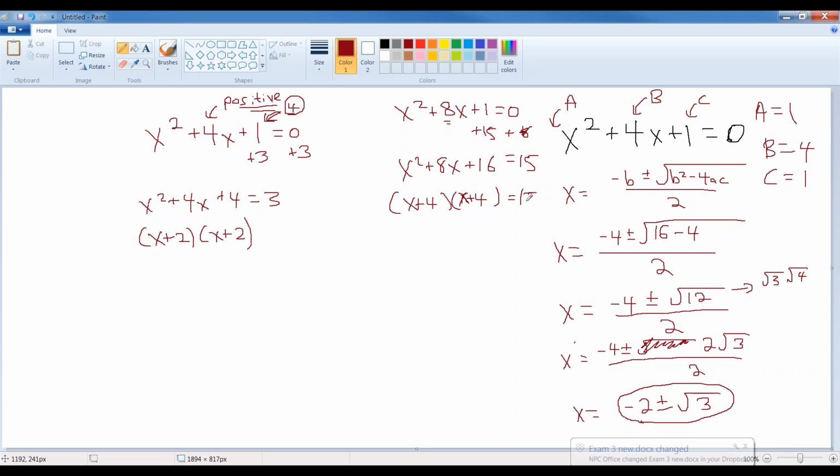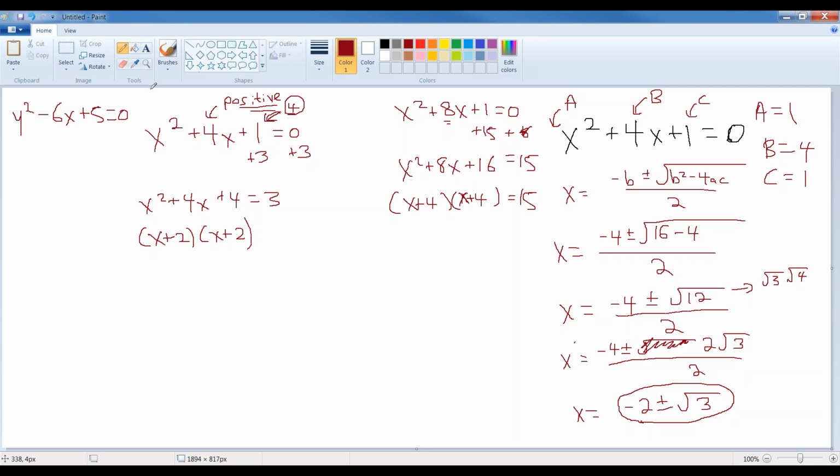So whenever you complete the square properly, let's say for another example, let's say I had y squared minus 6x plus 5 equals 0, and I wanted to complete the square. No problem. Take half of that, half of negative 6, which is negative 3.